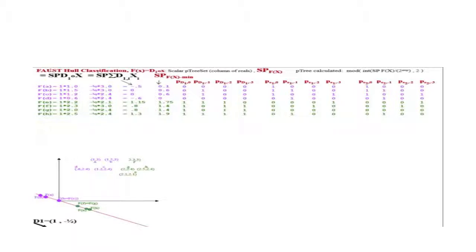The idea for FAUST hull classification is that we calculate the dot product of d1 with respect to all the data points lying in our two-dimensional coordinate system. So what we are doing is projecting this A onto this line, onto this unit vector. Similarly, we project this B, similarly D, similarly C, and all the others.